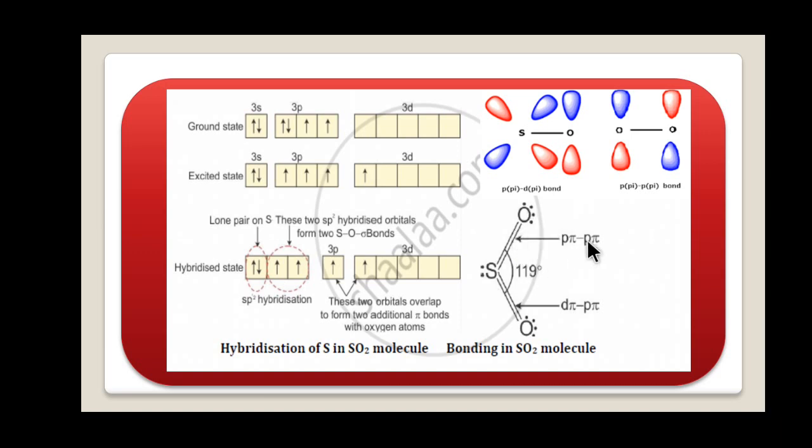This bond shows p pi bonding and this bond shows d pi bonding. Consider this picture: this is p pi bonding and this is d pi bonding. Is it clear? I hope you all understand.